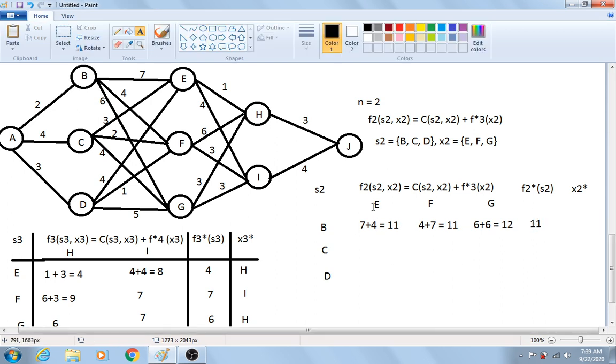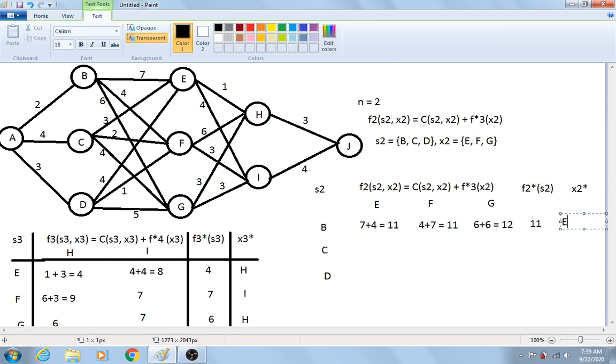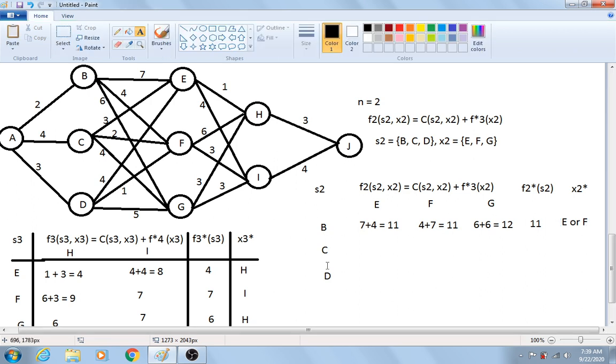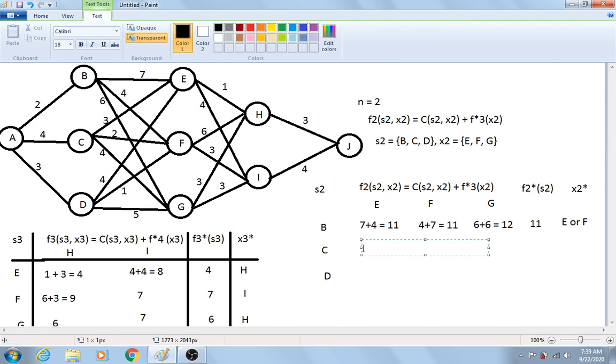11, and that 11 is given by E or F. We do the same thing from C to E. That is 3, and here E is 4, so 3 plus 4, that is 7.